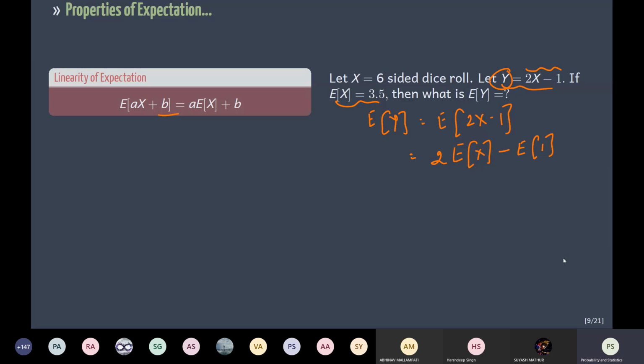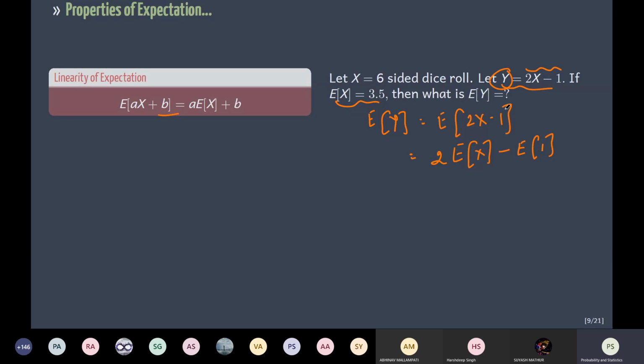Anyone, what is the expectation of a constant, or the expectation of a 1? Yeah, the constant itself. Thanks, Akash. So it will be the constant itself.